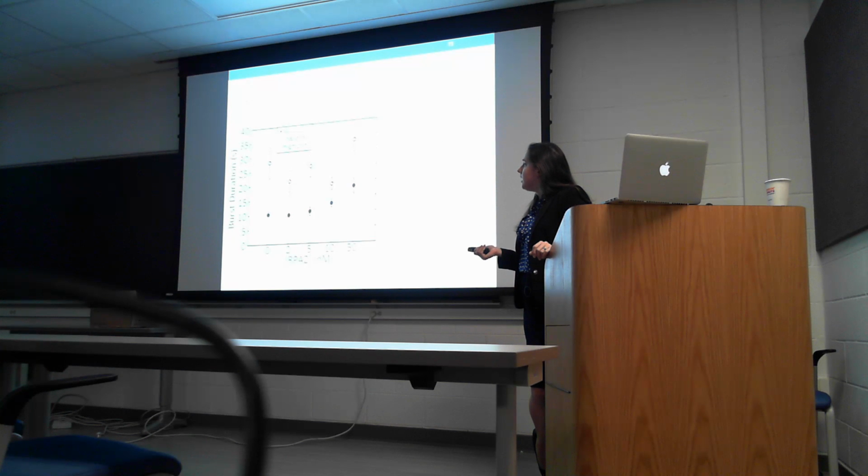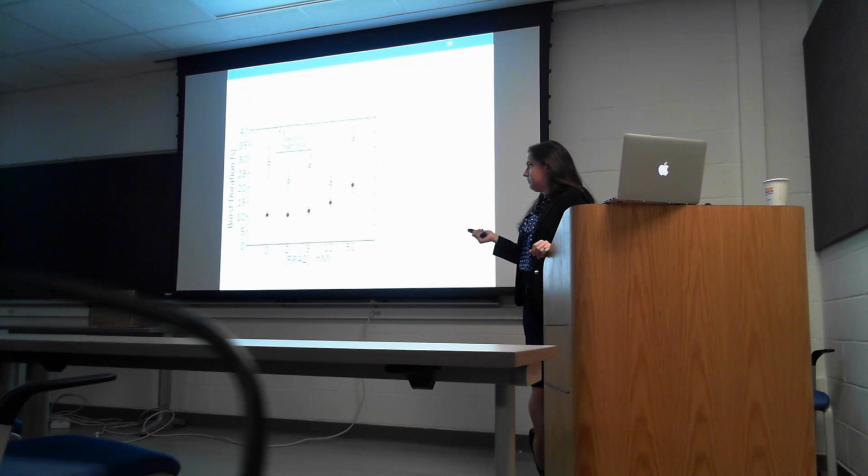So this is a plot of low processivity bursts in gray and their average duration, and high processivity bursts in white, their duration, and the average of all bursts at each concentration.